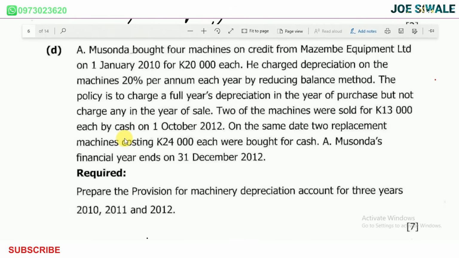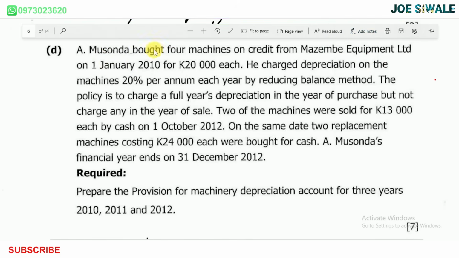Question D reads, A. Musonda bought 4 machines on credit from Mazembe Equipment Limited on 1st January 2010 for 20,000 kwacha each. So before we proceed, let us underline our keywords there.